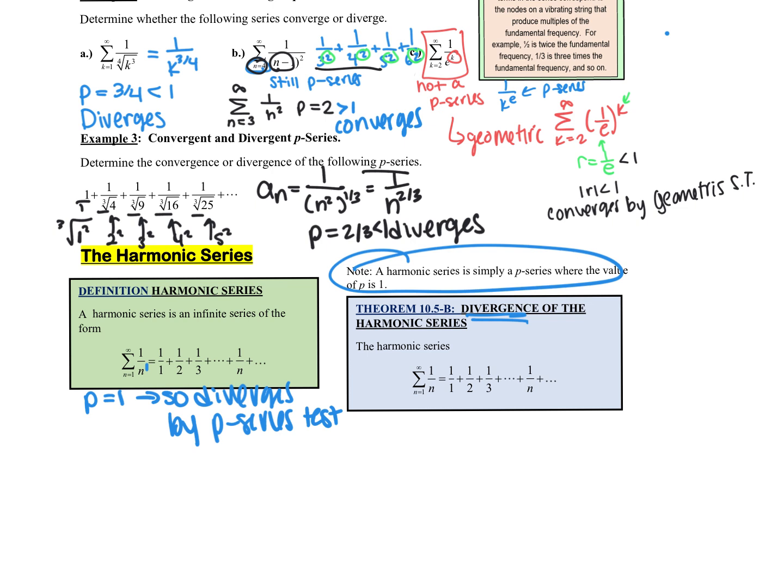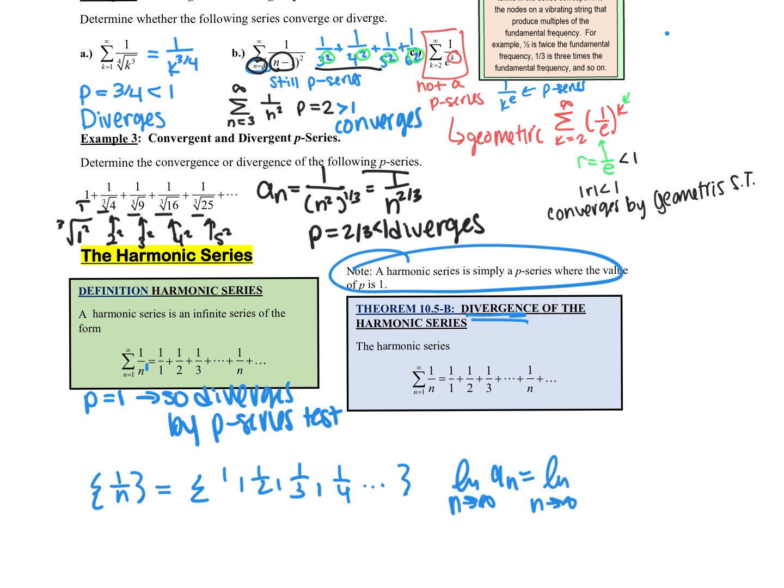Okay, but one thing to note about this, just a kind of fun fact, is remember how I told you, so our sequence, 1 over n, that sequence, so the list of numbers, this sequence itself converges, right? The limit as n approaches infinity of a_n, when that's the harmonic series, this equals 0. So the sequence converges, right?